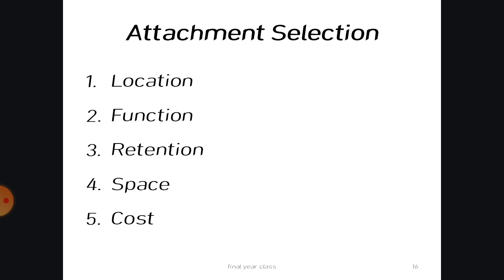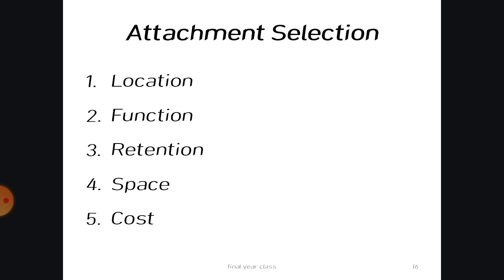Each attachment's cost can vary depending upon how it is manufactured, whether it is a precision attachment or a semi-precision attachment, depending upon the companies which provide it, and how much function is provided. So it is a permutation and combination which you will look upon in deciding the attachment.